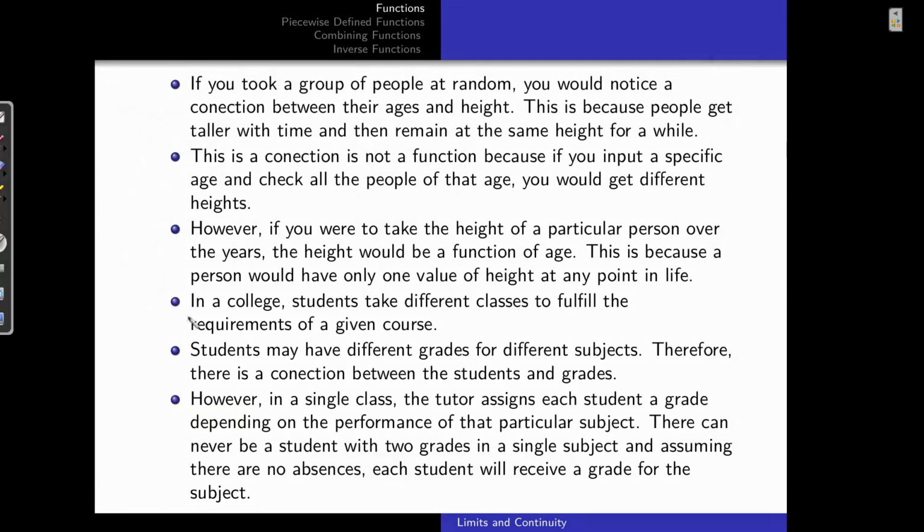Also if we look at a college, students take different classes to fulfill the requirements of a given course. Students may have different grades for different subjects, so there is a connection between the students and their grades. Again, this is not a function.